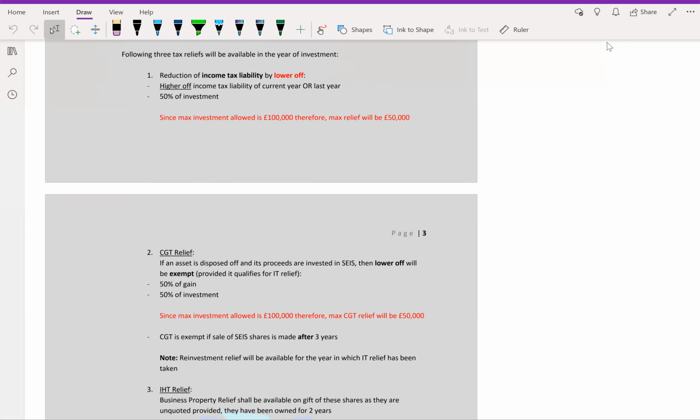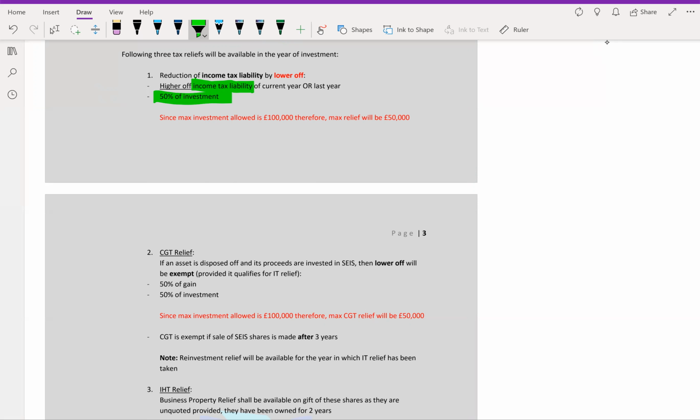Income tax relief number one, reduction of income tax liability will be by the lower of two things. Forget the higher of part. I'll just keep it very basic right now, right? Lower of income tax liability and 50% of investment.